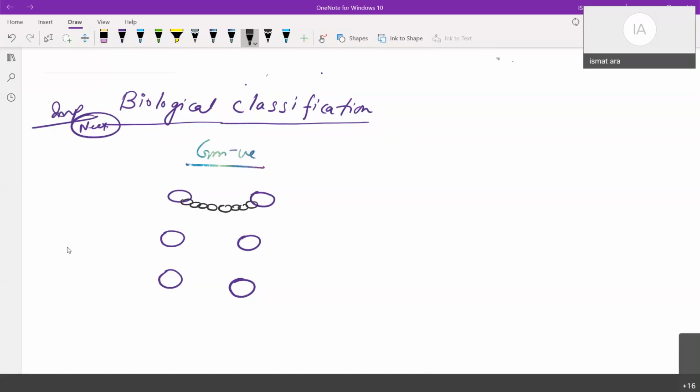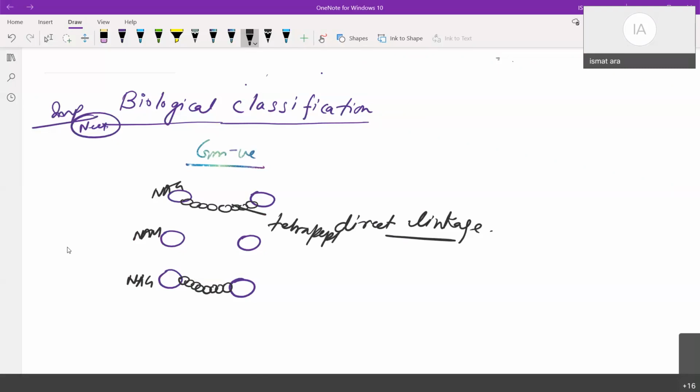They are directly linked. Same here also, students. 1, 2, 3, 4, and 1, 2, 3, 4. Okay, means they are directly linked. Direct linkage is there. In case of gram-negative bacteria, direct linkage is present. This is NAG, NAM, same alternative arrangement of sugar, NAM, NAG, and here direct linkage with the tetrapeptide chain. So these are the tetrapeptide chain.